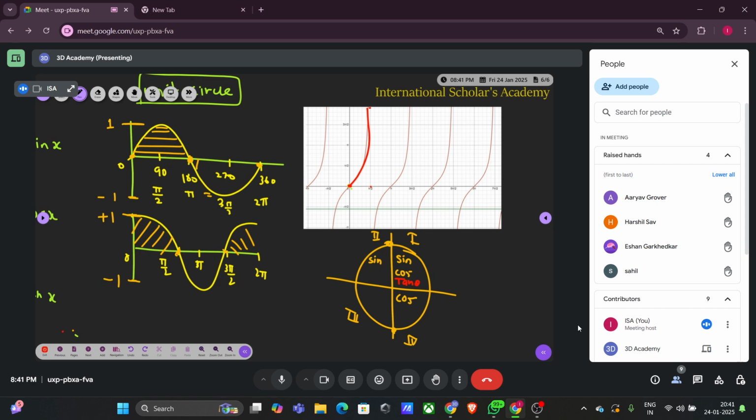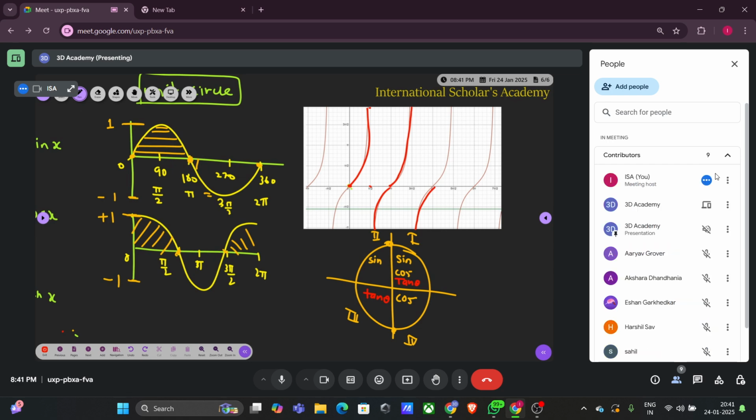But next, if you see from pi by 2 to pi, it is negative. So it is negative in second quadrant. Again, pi by 2 to 3 pi by 2, it is positive. So it is positive in third quadrant. Again, for 3 pi by 2 to 2 pi, it is negative. Right?